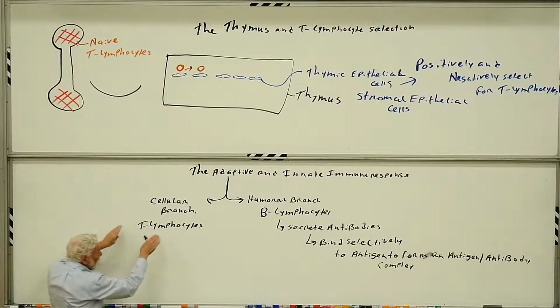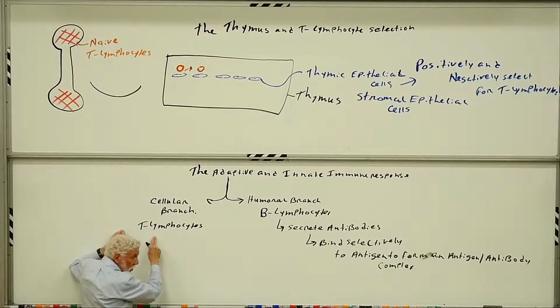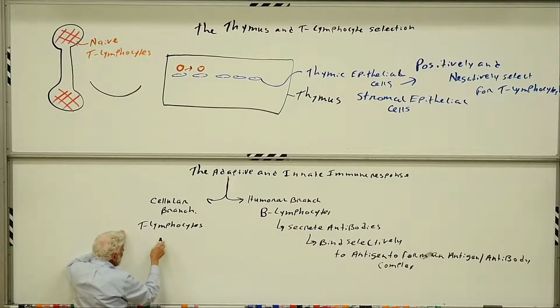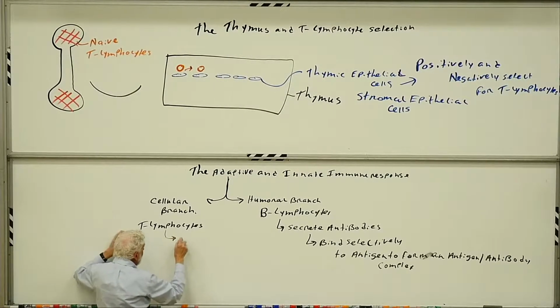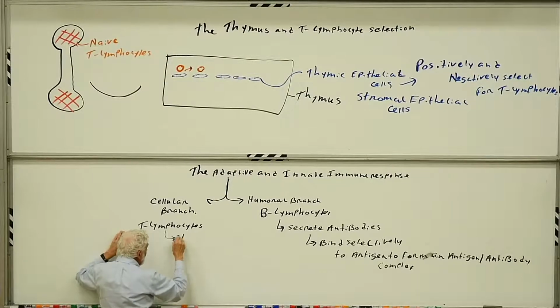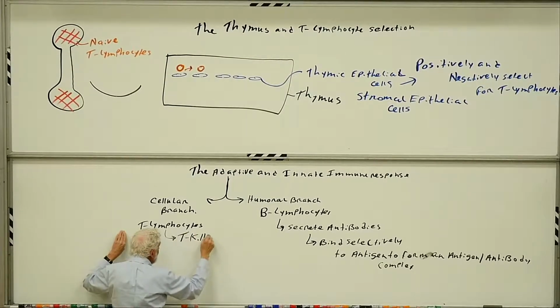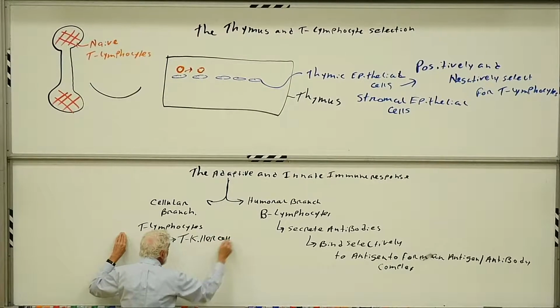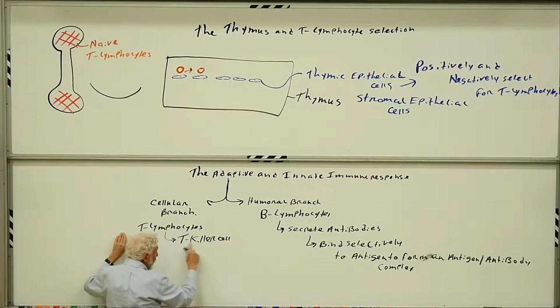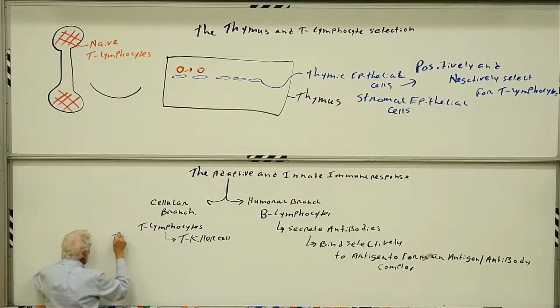Over here on the cellular branch, we have T lymphocytes. We'll see that these lymphocytes can be either T killer cells, sometimes referred to as cytotoxic T killer cells, or T helper cells.